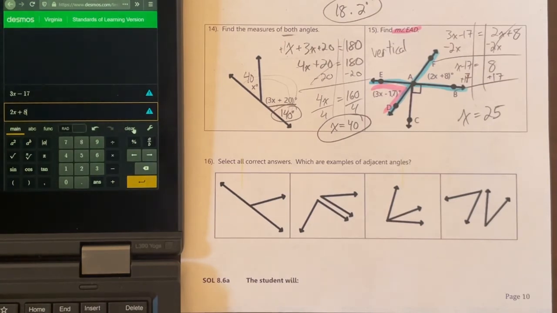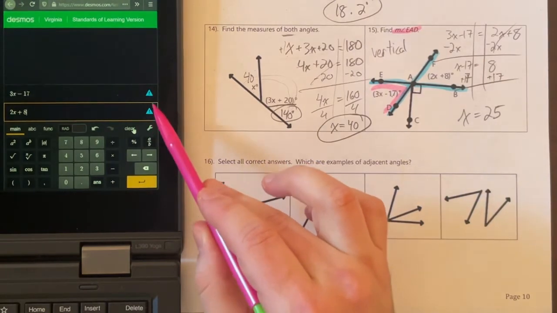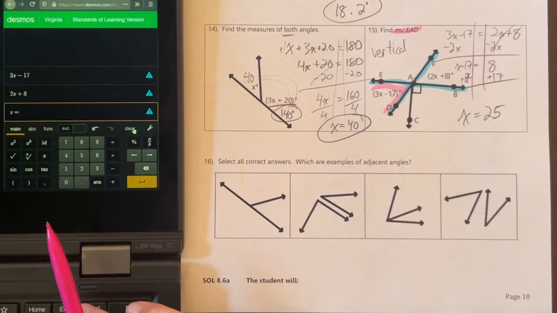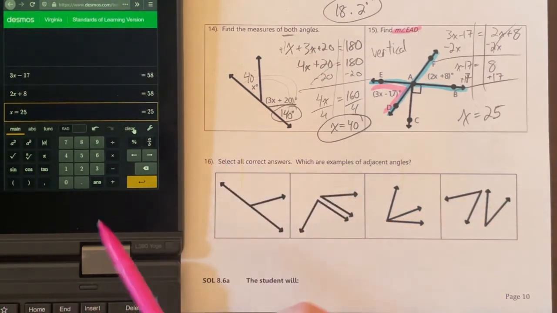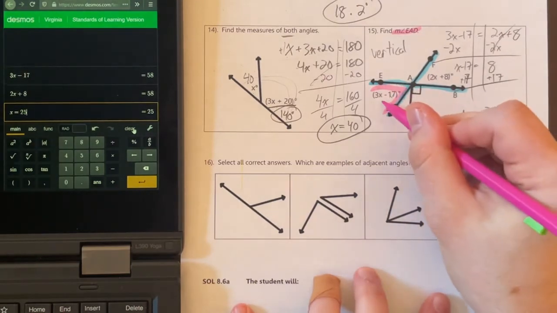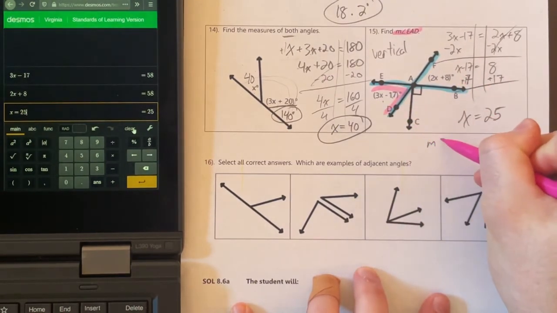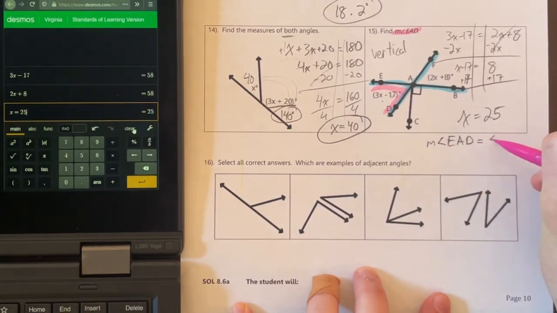And if these two lines in the Desmos calculator are the same when x equals 25, then I know I am good. So let's say x equals 25. Since both of these are correct, we know we're good. And that actually tells us what our angle measure is. So the measure of angle EAD is equal to 58 degrees.